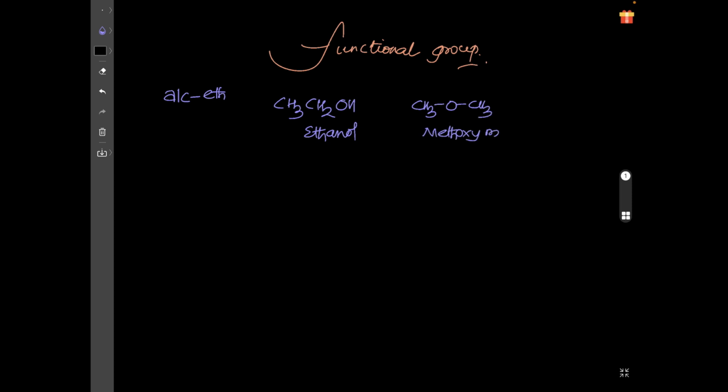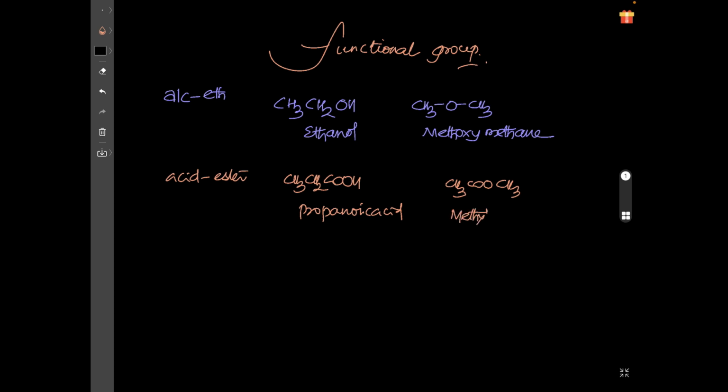The first one is alcohol, the second one is ether. You can take the example of acid and ester: CH3CH2COOH, propanoic acid. Now I am making a small change here: CH3COOCH3. The formula will be the same. You can check: methyl ethanoate. I am writing the IUPAC name.